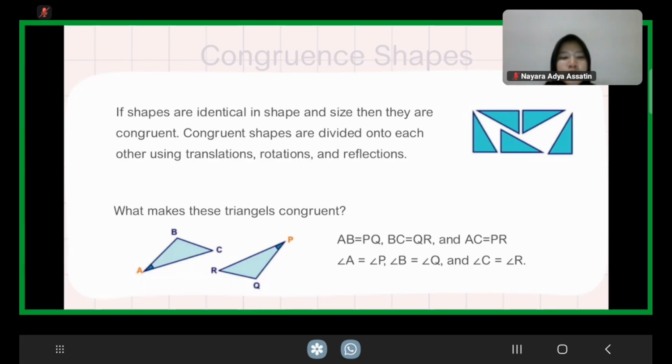Now, the angles. Angle A is equal to angle P. Angle B is equal to angle Q. Then angle C is equal to angle R. That's what makes these triangles congruent.